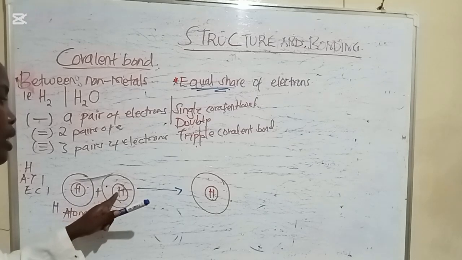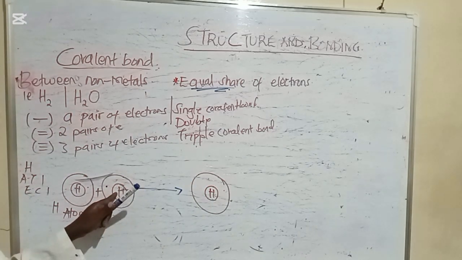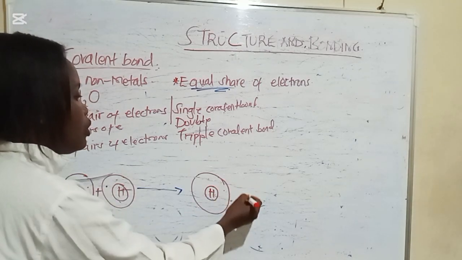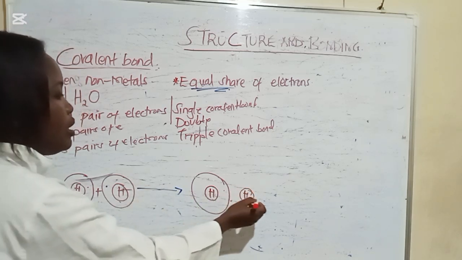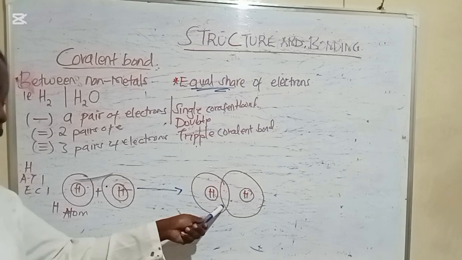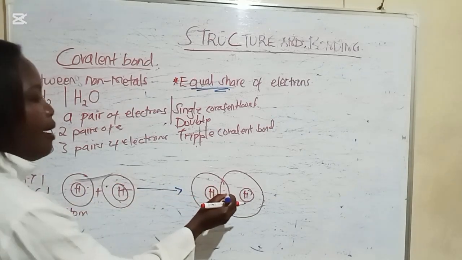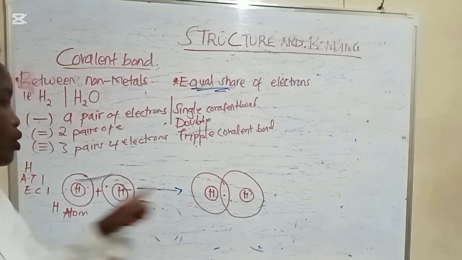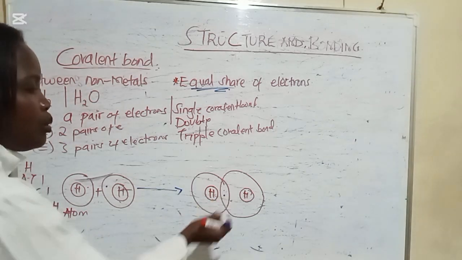And this other hydrogen atom is also going to give the equal amount of electrons that it has been given, which is 1. So as you can see here, you have 2 electrons.